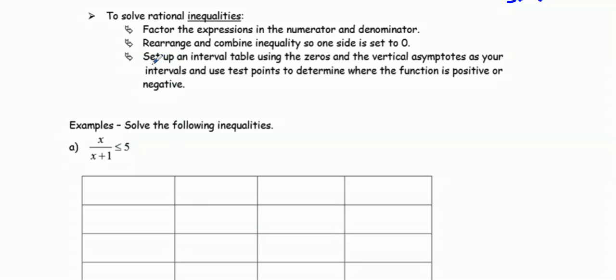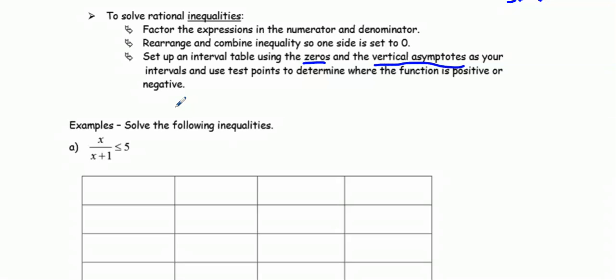So the first thing it says is factor the expressions in the numerator and the denominator if they're factorable. Rearrange them and combine them so that one side is 0. And then you're going to set up an interval table, using the zeros and the vertical asymptotes as your intervals, and then you're going to test to see where the function is positive or negative.